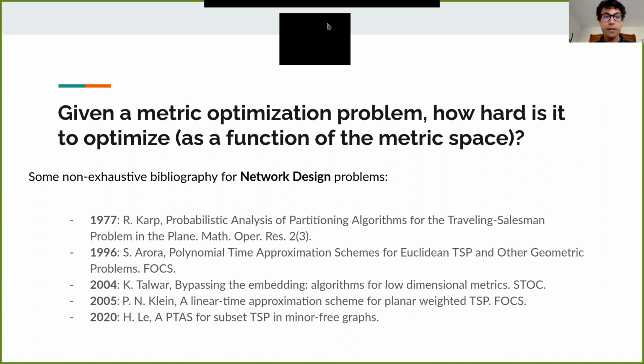This is a very non-exhaustive bibliography and list of important papers. There are many other important papers, but I think it's important to see that this question was studied even in the 70s, where Richard Karp was trying to see the complexity of the traveling salesman problem in the plane, and was getting an approximation scheme, so much better results, if the input was, for example, random uniformly on [0,1] squared.